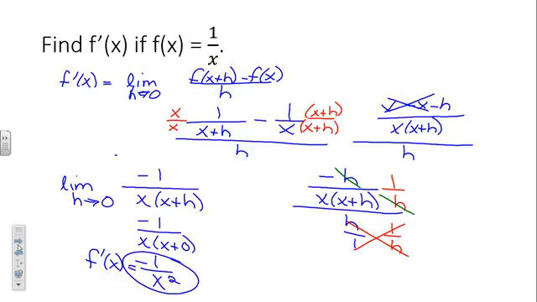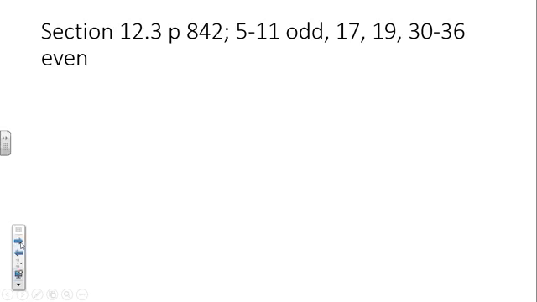And it's not asking us to apply it at any point, so we're done. Good. I don't think I thought that the first time I ever saw this. So there's the assignment. Some of them are just looking at it and deciding what the slope is. There aren't a lot of problems.